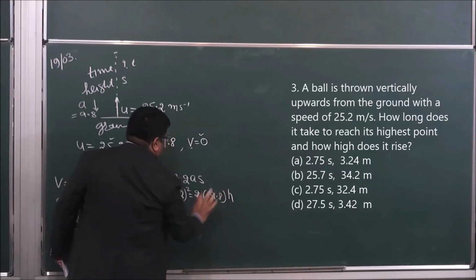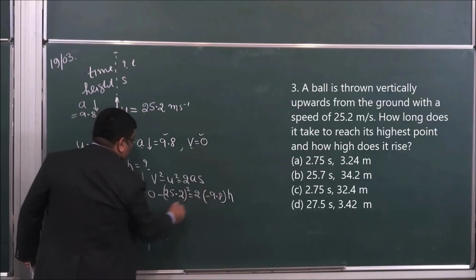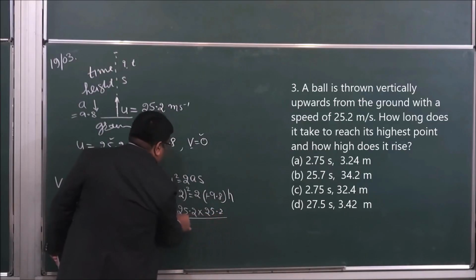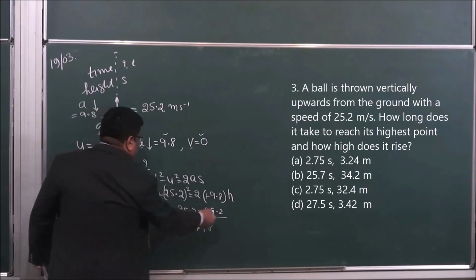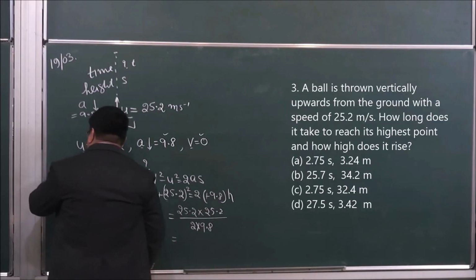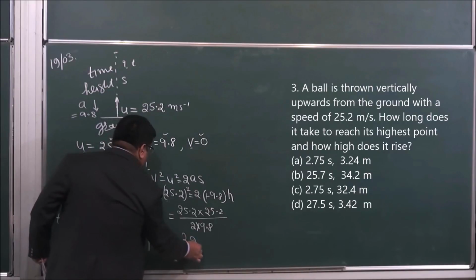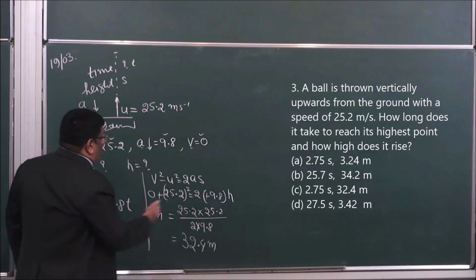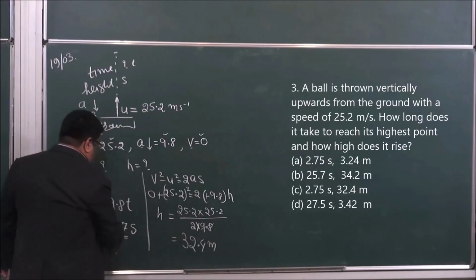So height is equal to, minus minus is cancelled, 25.2 into 25.2 divided by 2 into 9.8. If you do all these multiplications, this will come to 32.4. So you can do it anyway. This you have already done, 2.57.